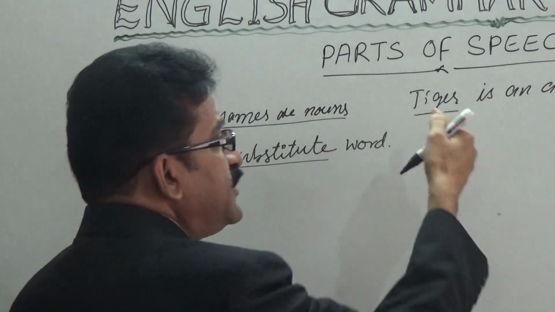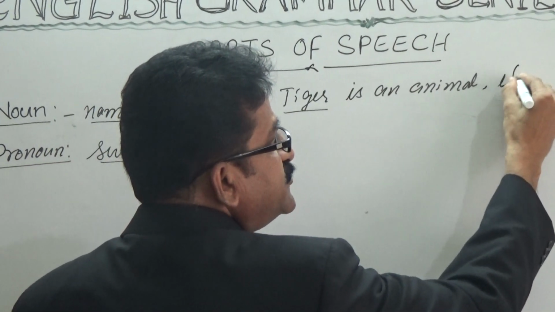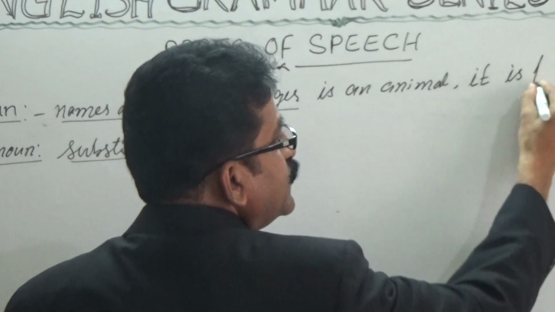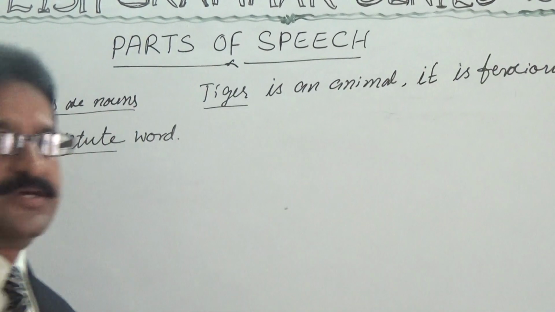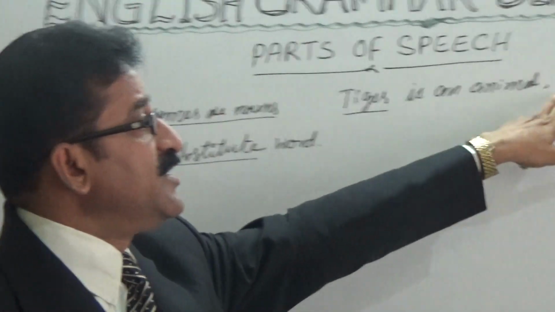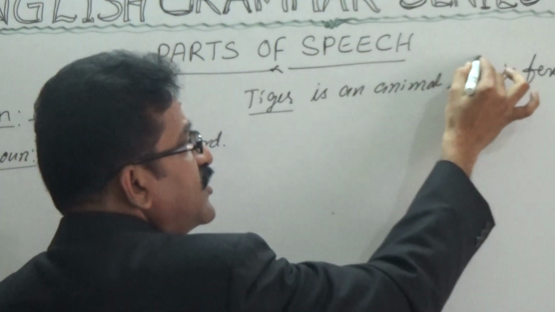So for example, tiger is an animal. It is ferocious. Isn't it? Tiger is an animal, it is ferocious. See here, we used "it". This is called a pronoun.